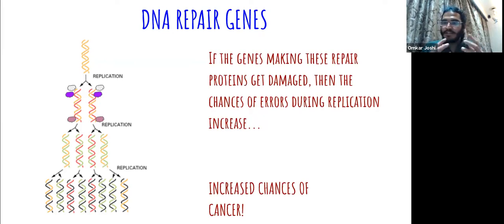Now, obviously, it's okay to think about these as individual points. What I would encourage everybody to do is consider what happens when all of these happen together. So now you have a case, for example, where you have a damaged proto-oncogene or a tumor suppressor gene, which tells the cell to keep dividing. You have a damaged tumor suppressor gene, which means that you don't have a brake.